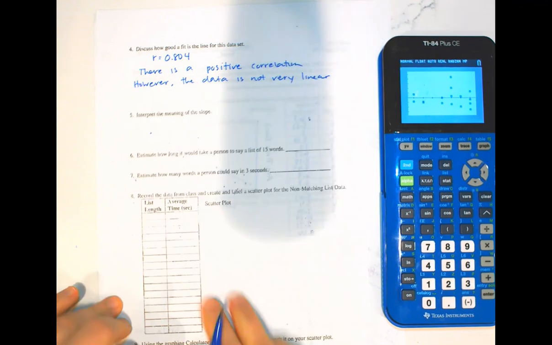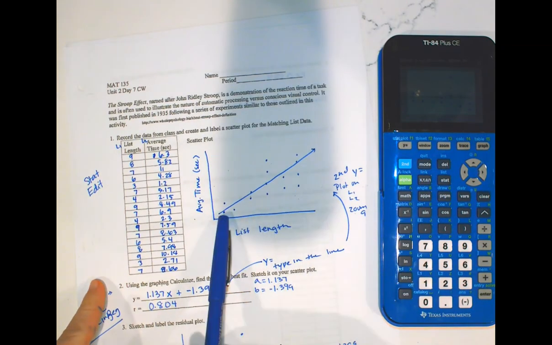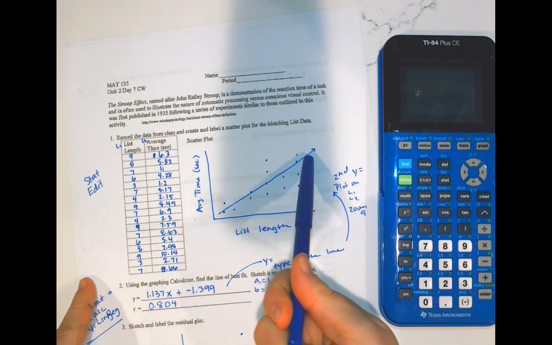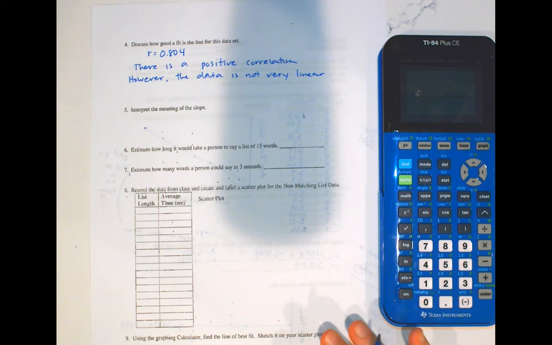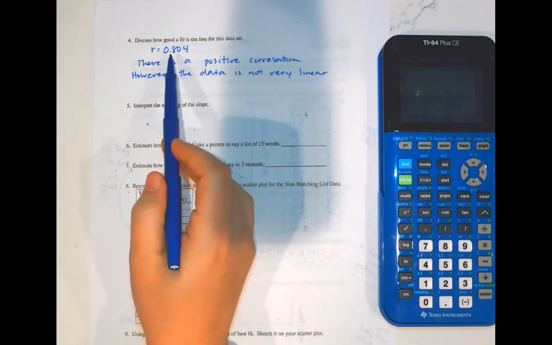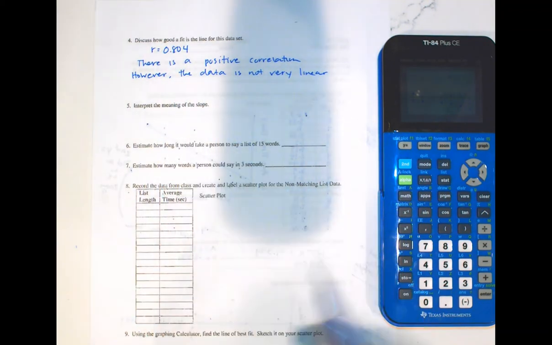If we look at our picture here, this doesn't really have a line tendency. It's kind of like a stair step almost. So I wouldn't really say that a line is the best fit for this data. It's not terrible because this is a 0.8, but I wouldn't say that it's great.